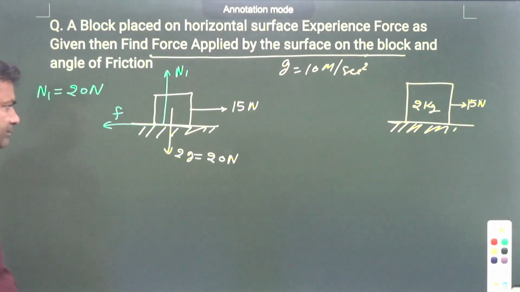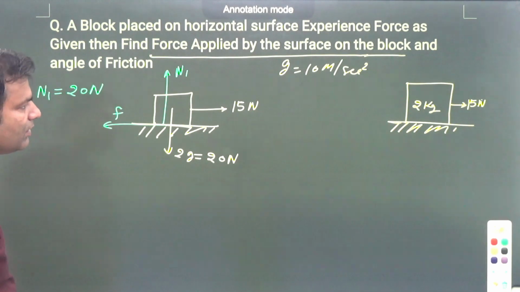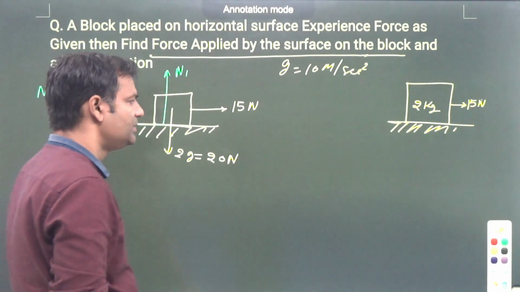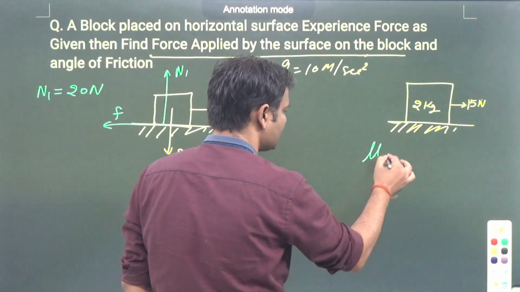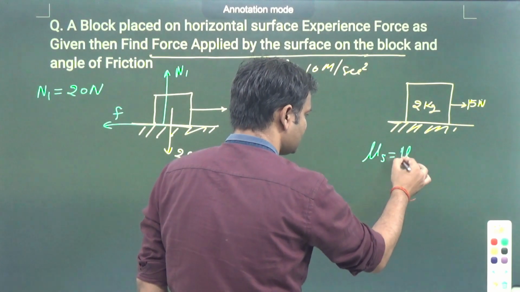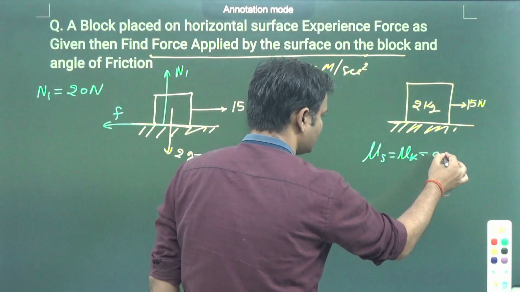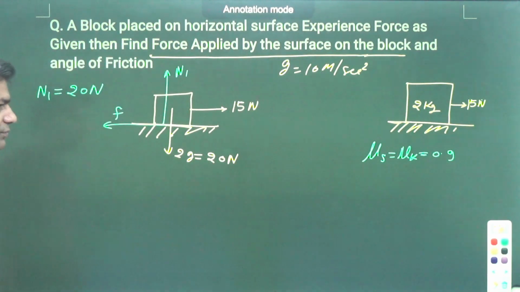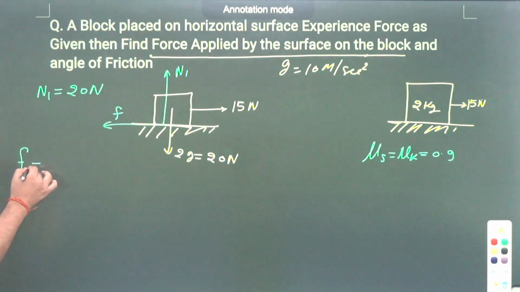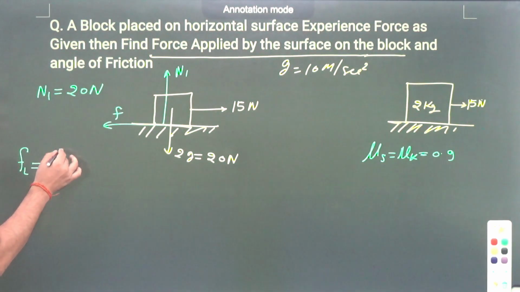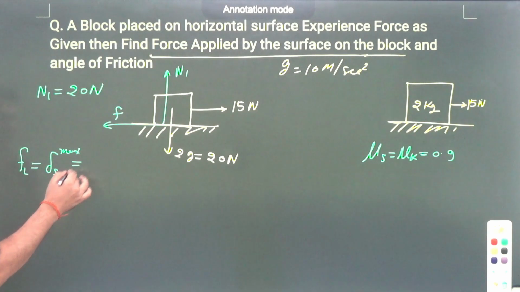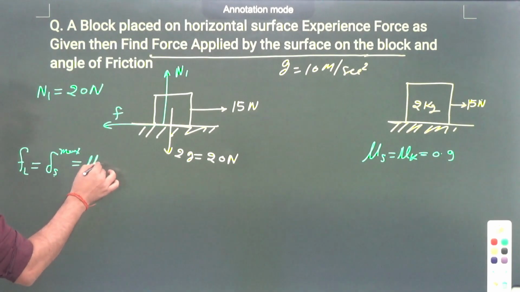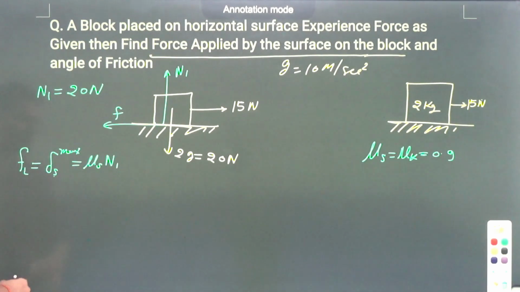Now, mu s and mu k are given as 0.9. So first of all, determine the limiting frictional force, Fs max, which is equal to mu s into N1.